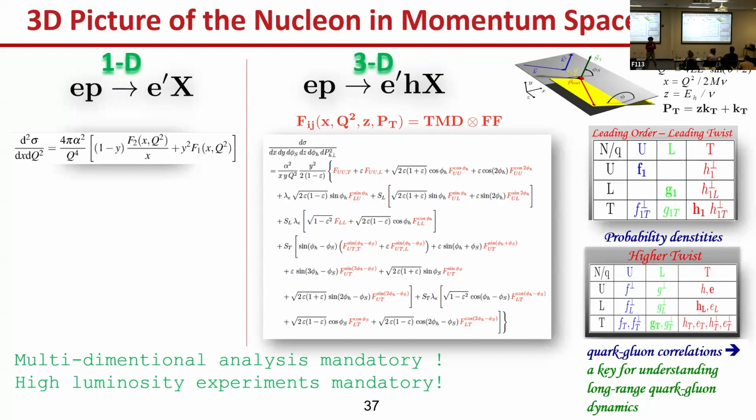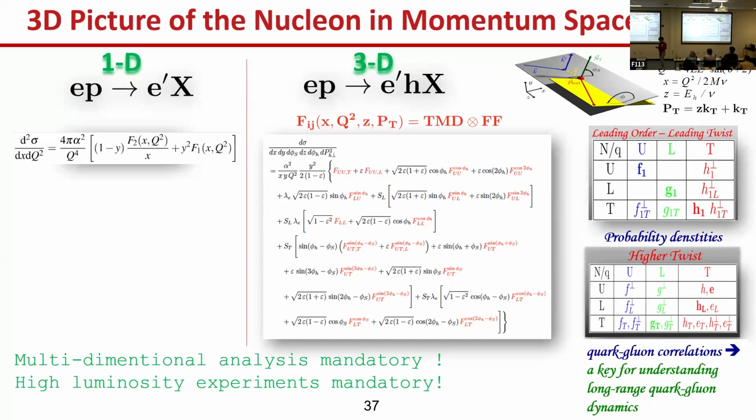So you are not living in a flat world. There is orbital angular momentum that enters into the game. So we have to go to a three-dimensional space. And this has been done with the transverse momentum parton distribution, in which the two other components of the momentum enter into the game. And for the angular momentum, you have the distance times the momentum vector.